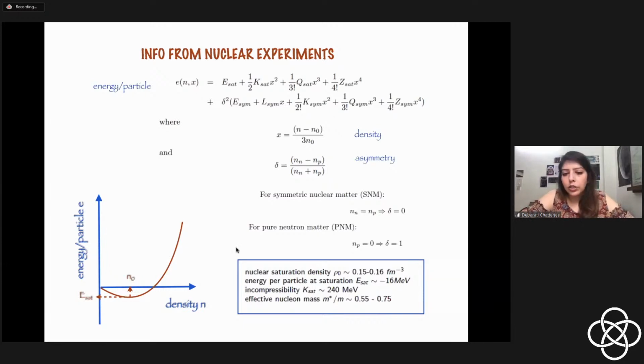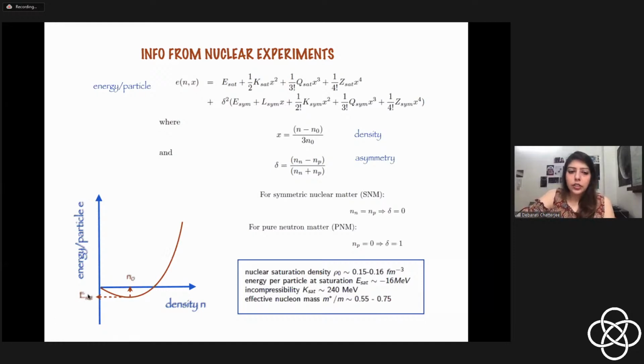You can see at the bottom I have written the experimental values. These are the state-of-the-art experimental values, say 0.15 to 0.16 fm^-3, and the energy per particle at saturation. So what are these saturation properties? On the left cartoon, you see the nature of the nuclear interaction.